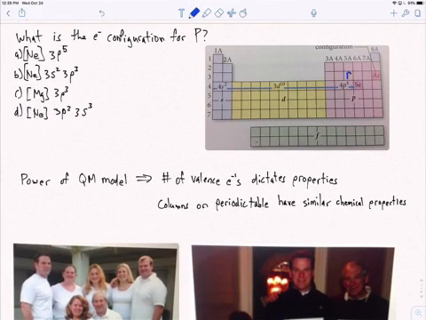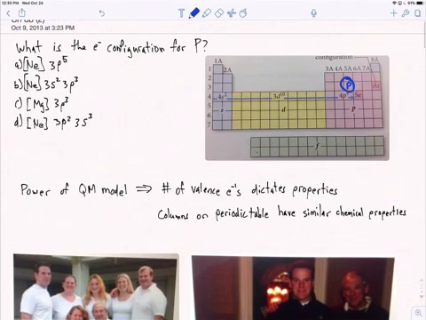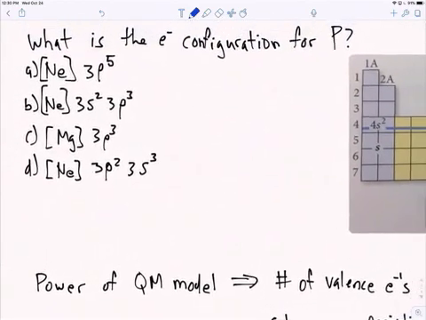Phosphorus is right here. You should be able to figure it out just from this.